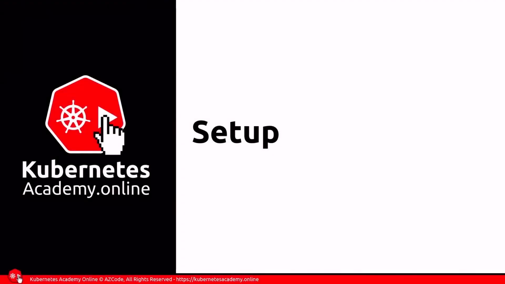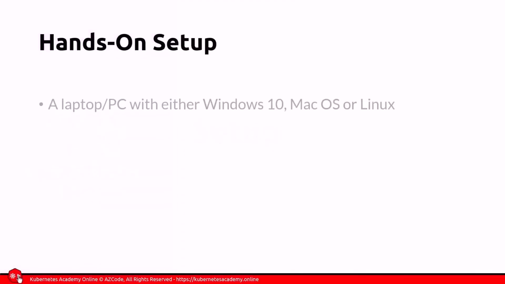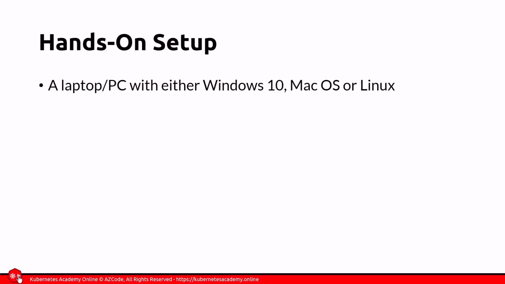Let's see how to set up your laptop or PC for this course. You need a laptop, PC or Mac, with either Windows 10, macOS, or Linux. If you have a Mac with an Apple Silicon, most tools should run perfectly. I will use Visual Studio Code with the Docker extension to help build, create, and run containers.